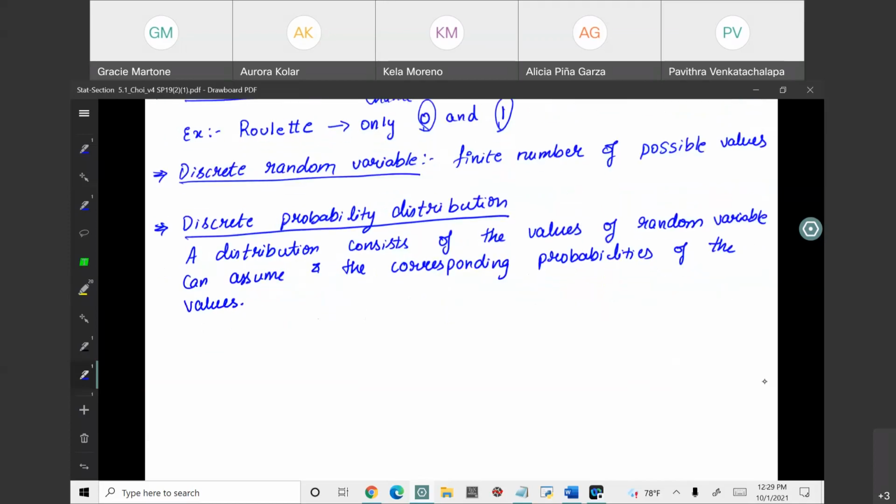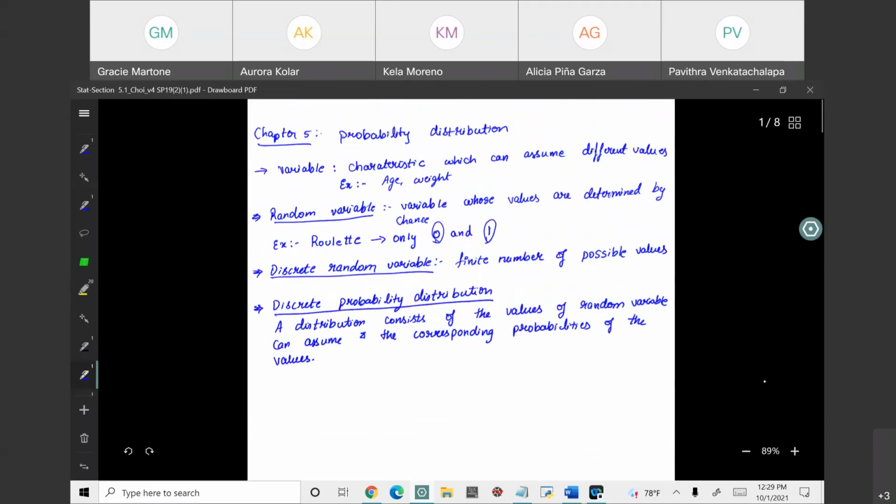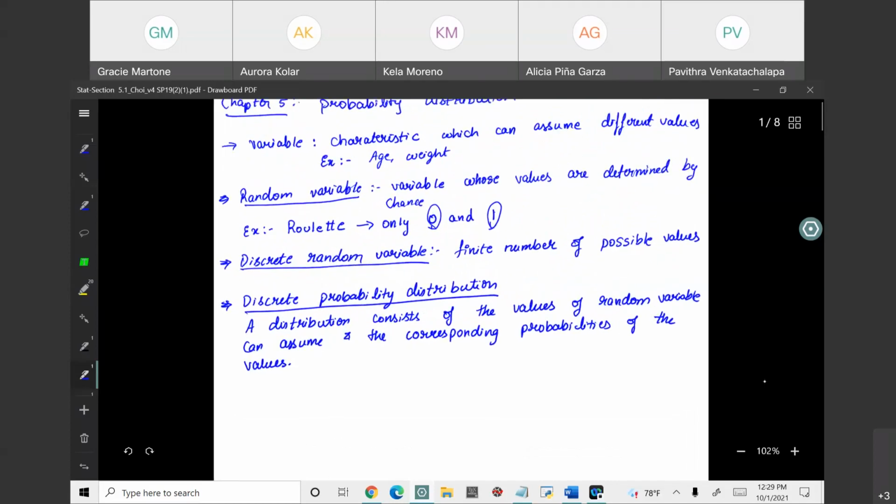So these terms you have to remember in order to study chapter 5. I'll give a minute so that you can write.